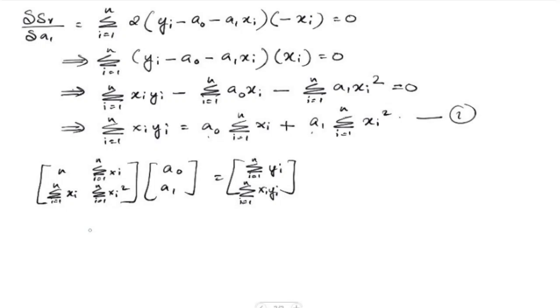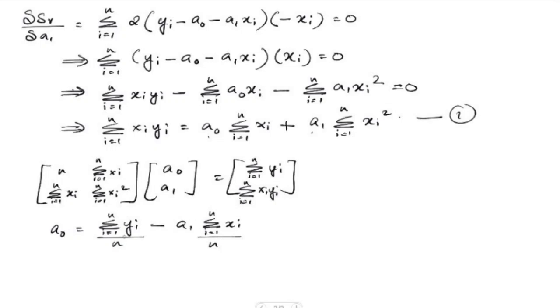If you simplify equation 1, you will get a0 equal to the summation of yi from 1 to n minus a1 times the summation of xi, and then this will be divided by n, so we divide each term separately by n.